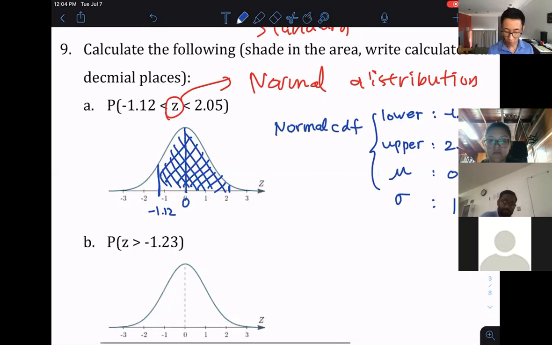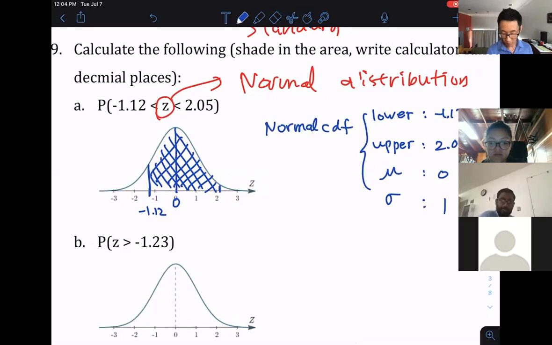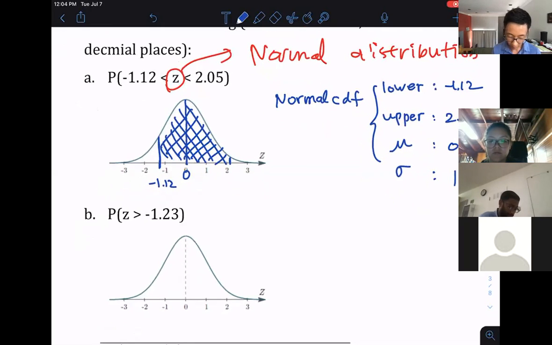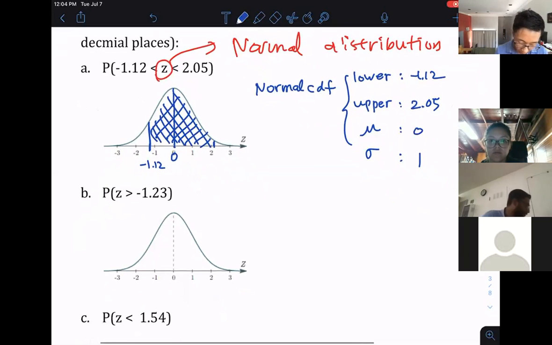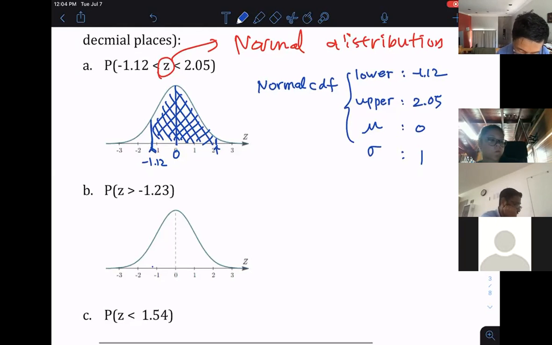In part B, the lower bound would be negative infinity, depending on how the graph is. So let's look at it. Part A, we have 2 numbers, so it's easy to just plug them in. Here it says Z is bigger than -1.23.